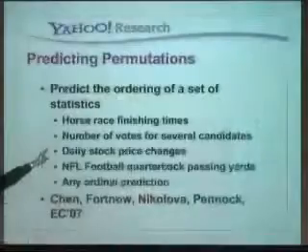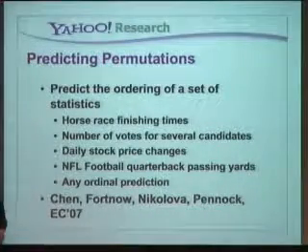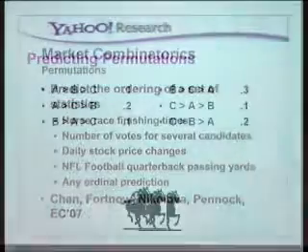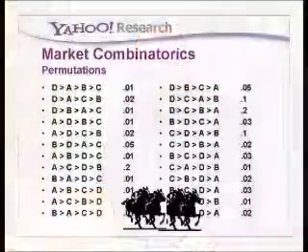So first I'll talk about permutations. Think of a horse race literally with horses, or not so literally, like a horse race among candidates in an election or among stocks in a stock market, or in fantasy football. We want to give probabilities for every possible ordering.